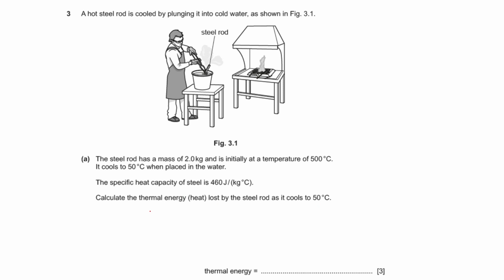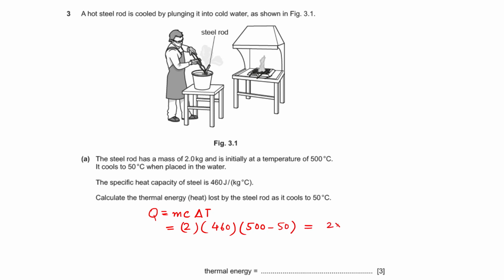So we remember just simply Q equals mcΔT. This is the formula of heat energy or thermal energy that is lost. So mass is 2 kilograms, specific heat capacity of steel is 460 joules, and change in temperature, remember, 50 degrees minus 500 degrees, so 450 degrees.